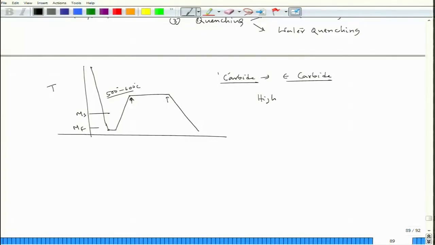That process would impart ductility, but the hardness drops definitely, though not to a great extent. So, I have a combination of high hardness plus sufficient toughness. So, this is called tempering.